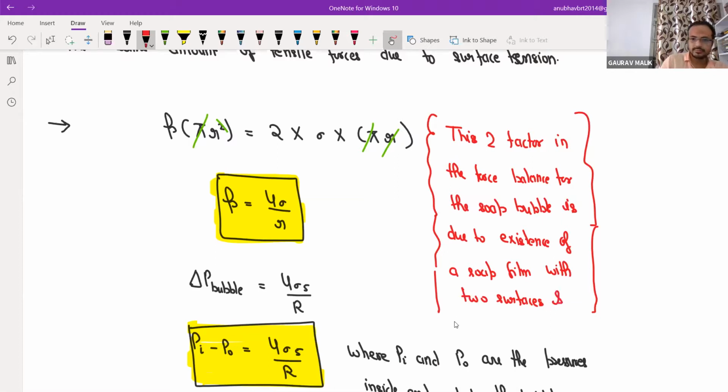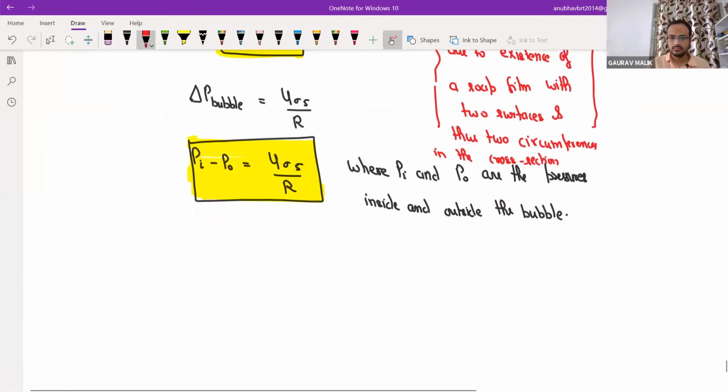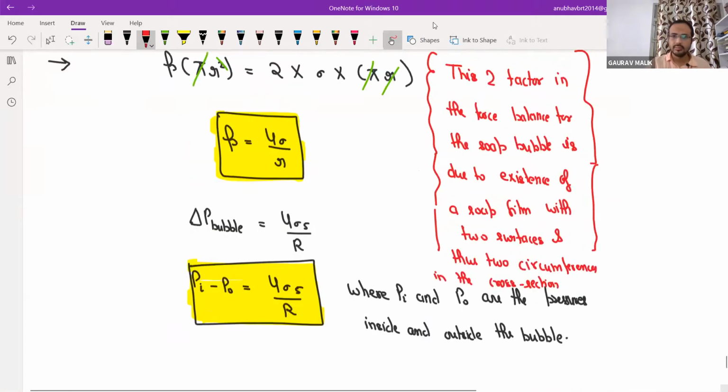So thus two circumferences in the cross section. Now it should be clear to each and every student. Very good.